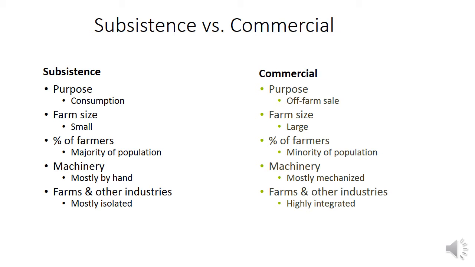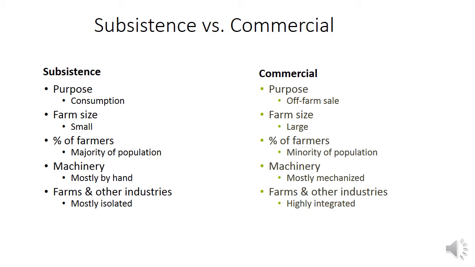Other differences might include farm size, right? Subsistence farms tend to be small enough that one family potentially could work that land. Commercial enterprises, on the other hand, tend to be large and are ever growing. We're going to look at that in another lecture, sort of modern commercial farms and their enormous size, right? And that they're not generally the sort of family farms we have in our head.